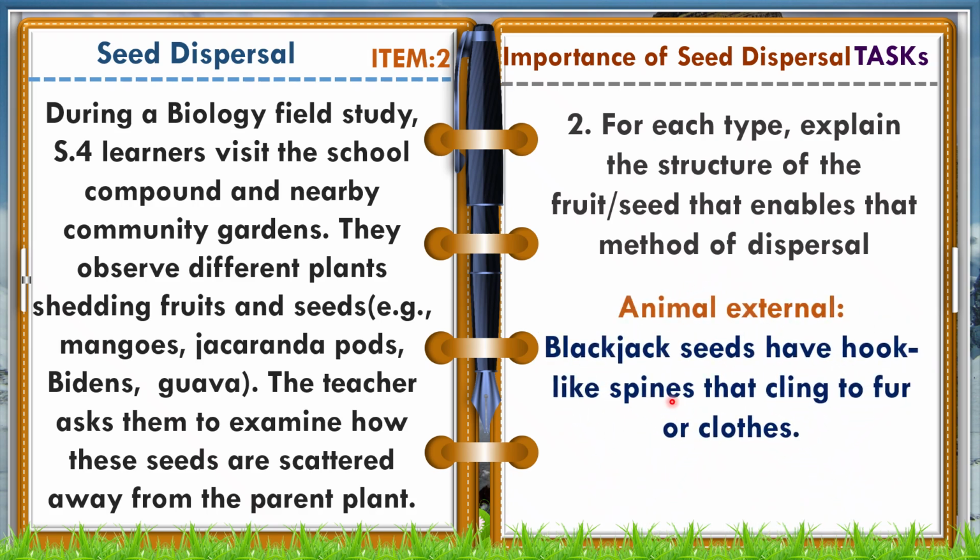Then we have animal dispersal, external. Here we have the blackjack seed. These have hooks like spines, and these cling to fur or clothes.